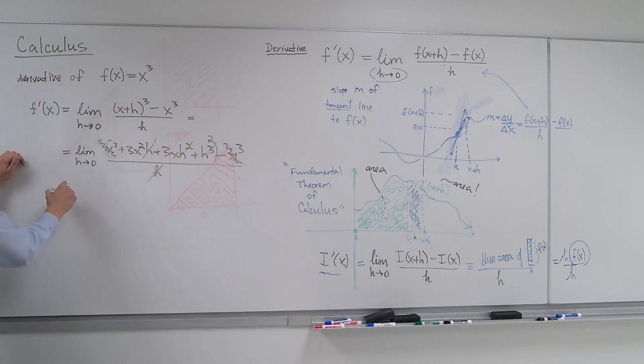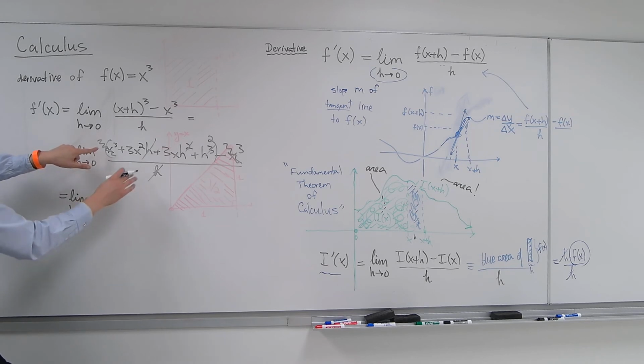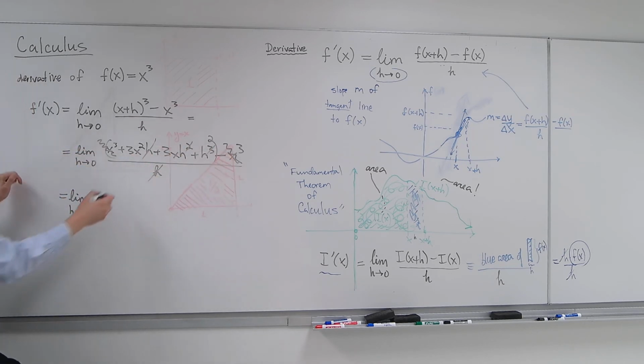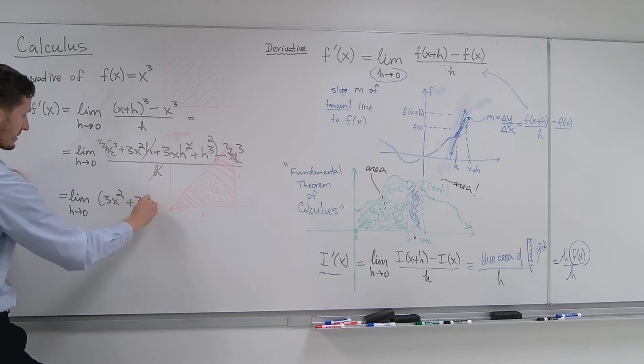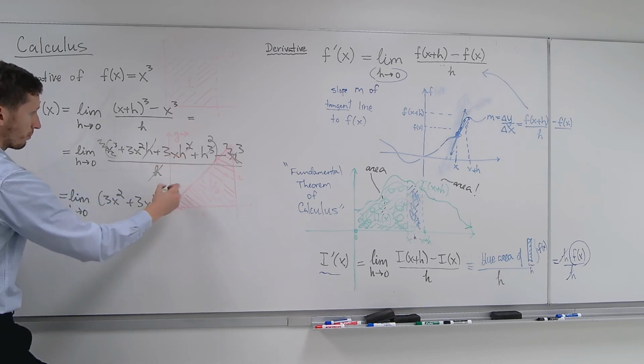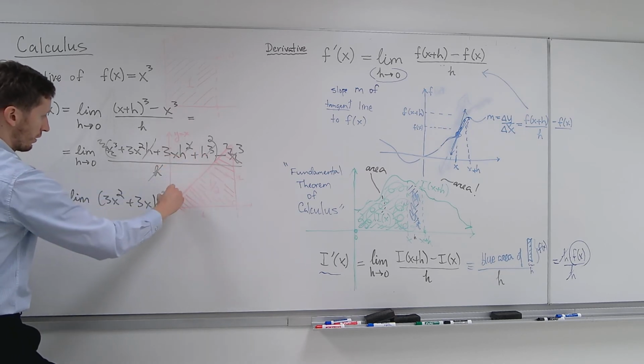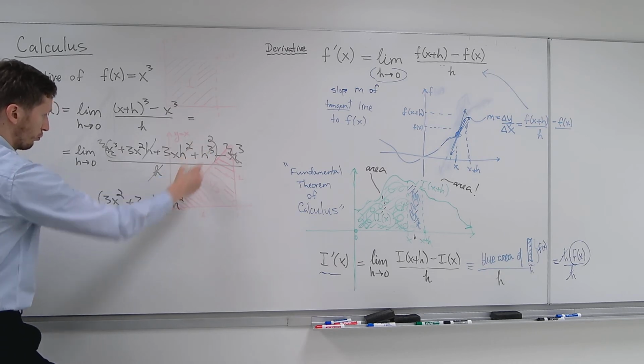And what we have is the limit as h goes to 0. What's the only step remaining? By the way, we didn't have to divide out the h from x cubed because x cubed and minus x cubed initially canceled. So we're left with 3x squared, and remember the h is canceled, plus 3x times the h remaining, and then plus an h squared, which remained from h cubed divided by h.